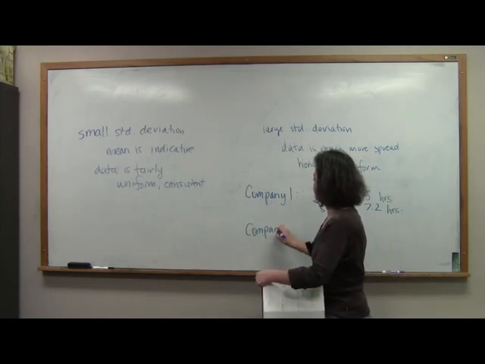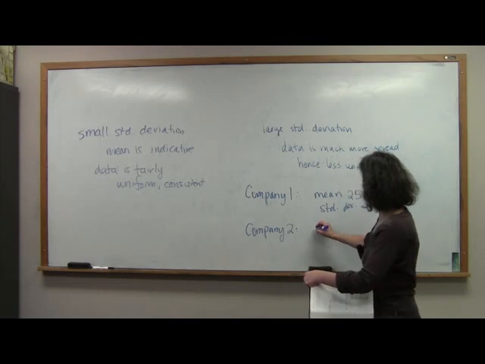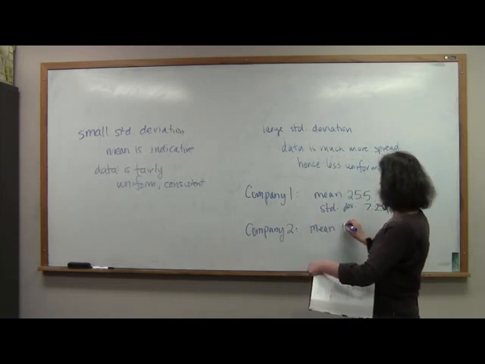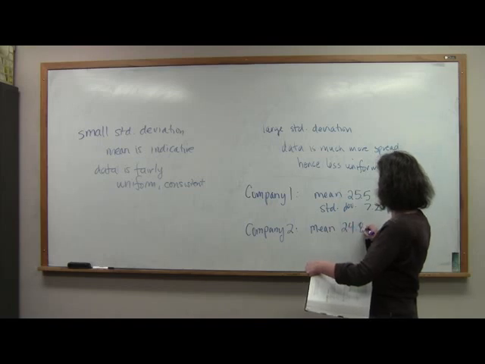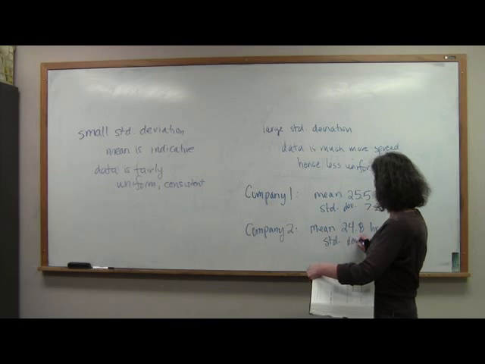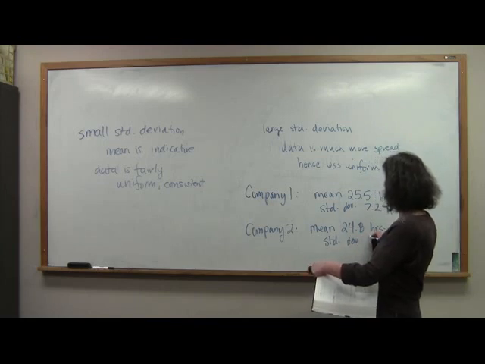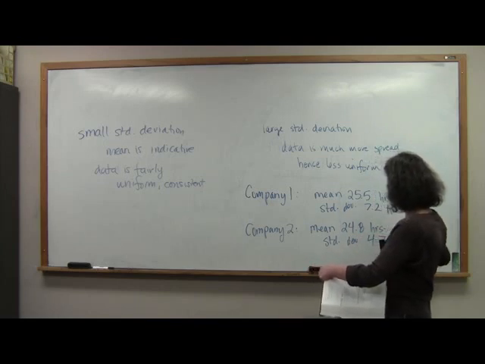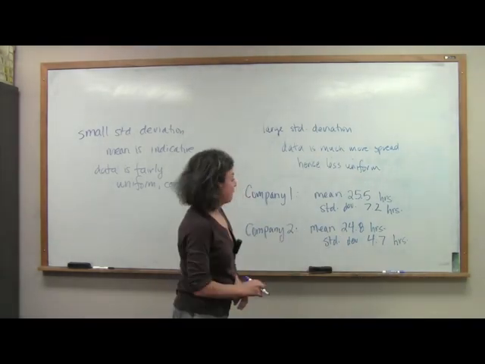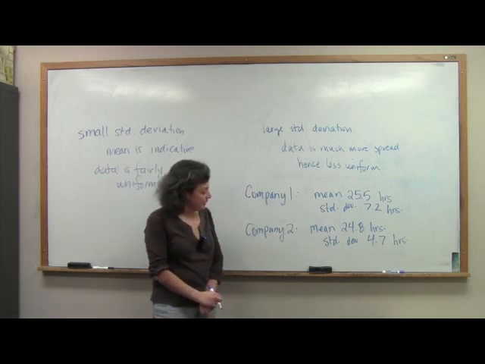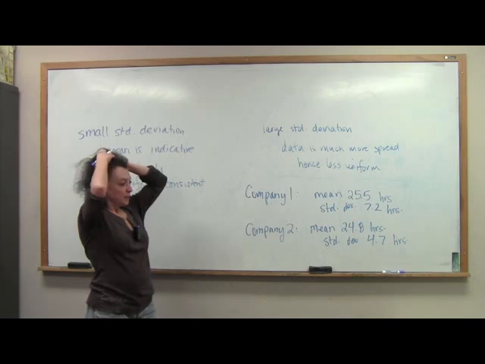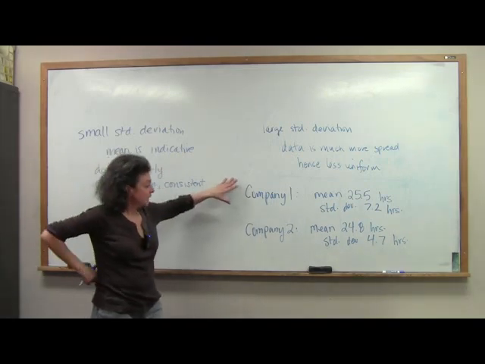Whereas suppose company 2, their mean life was 24.8 hours, but their standard deviation was 4.7 hours.